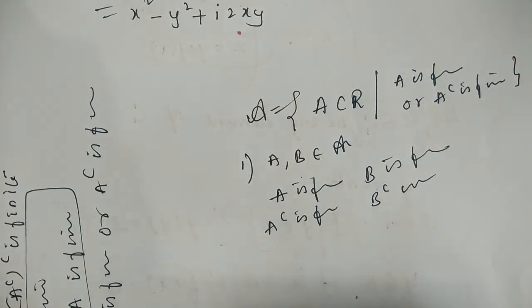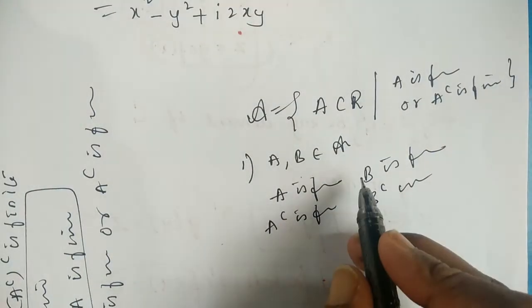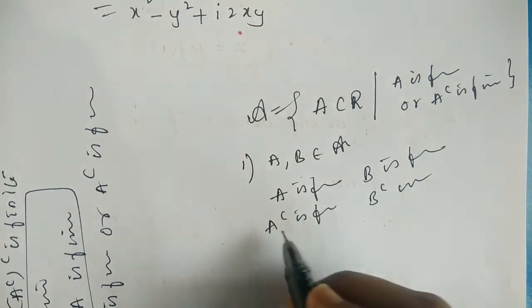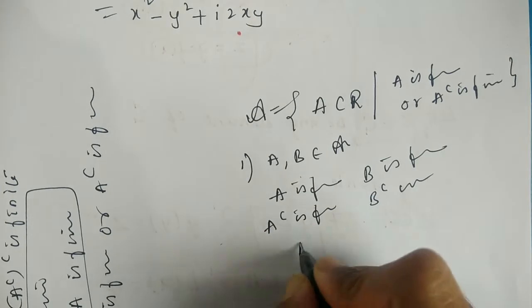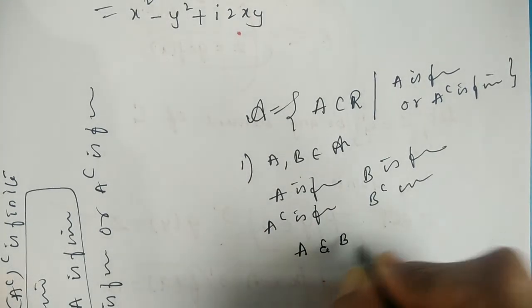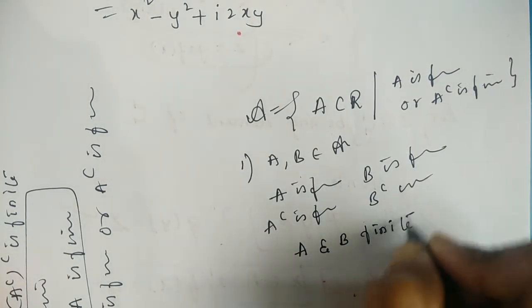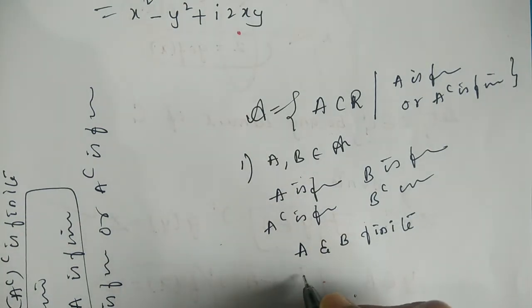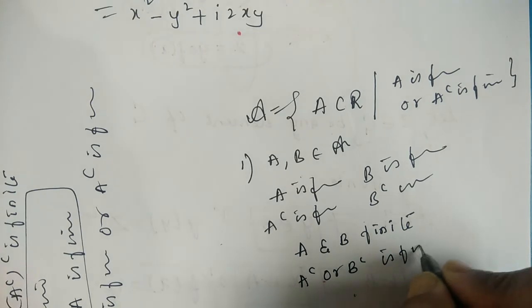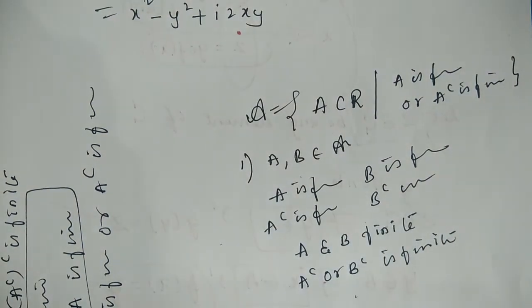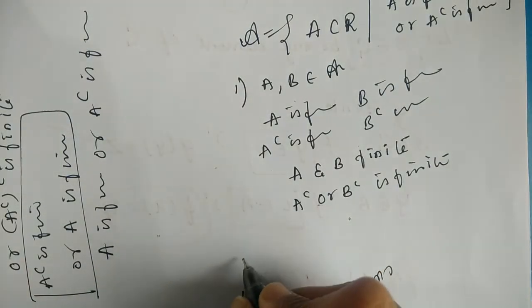So we have some cases: both A and B are finite, or A complement is finite or B complement is finite. I am considering the case A and B both finite, and I am considering the second case A complement or B complement is finite. So what is our claim?